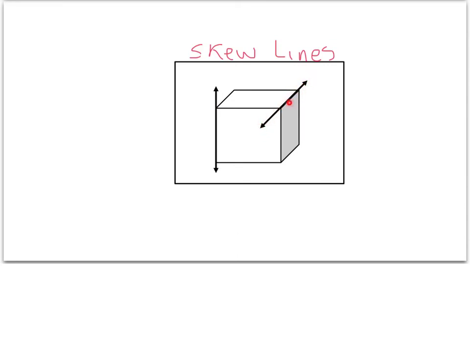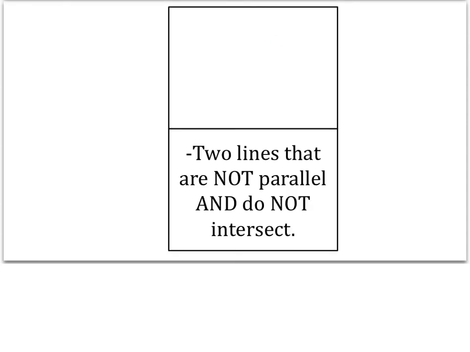Well, they are not parallel, that's all you need to know. And they will never intersect each other because they lie on different planes. This line lies on this plane, this one here lies on this plane, and I think I'm going to give you a visual in class for that so you can understand it better. So skew lines are two lines that are not parallel and do not intersect.